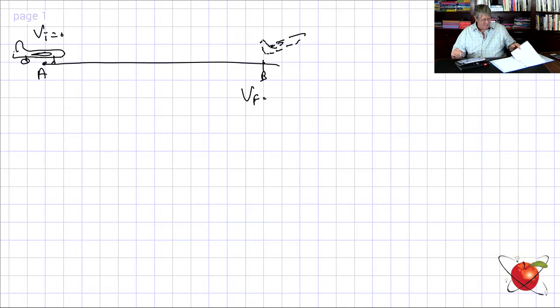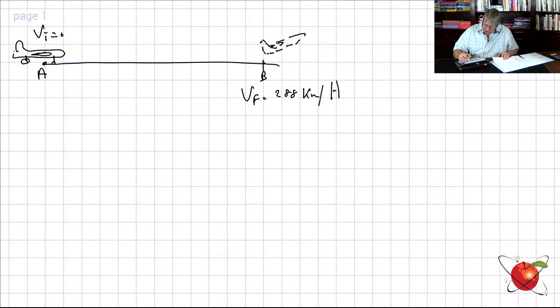That is the takeoff speed, 288 kilometers per hour. That's the speed at takeoff. The next thing is, what are we given? Acceleration, 2 meters per second squared. Where do we go from here?